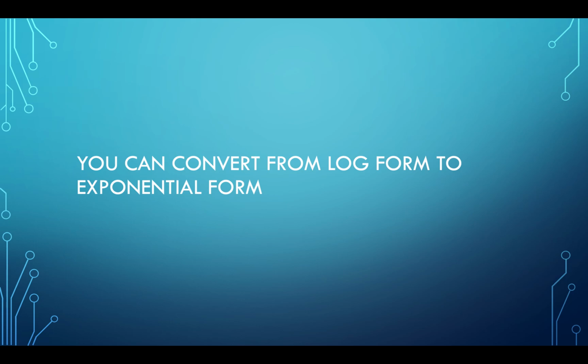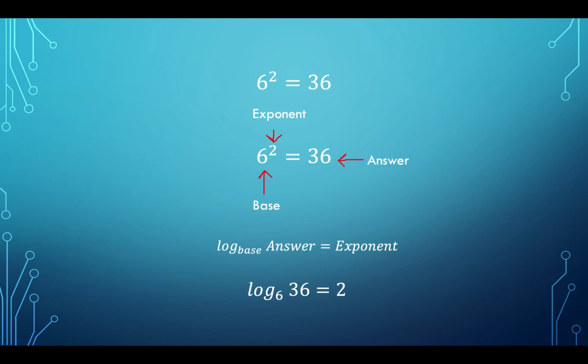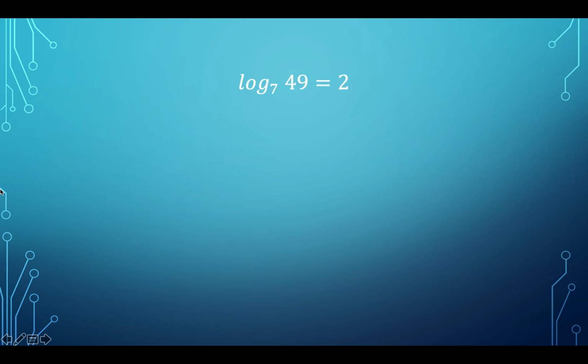We can convert from log form to exponential form. So now I gave you in this line exponential form to log form. Now I'm going to give you this form over here, log form, and I want you to give it back to me in exponent form. So log base 7, 49 is equal to 2. When I say log base 7, that's why you always say base.